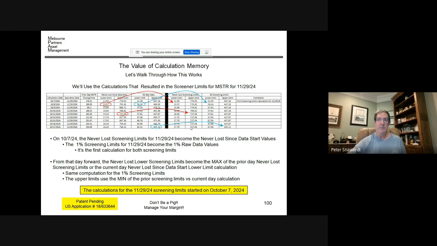You know what? If you want, I can put it in the Discord. I actually have a record of what all of the never-lost states are for 1 day through I think 60 days. I'd have to go dig it out, but I do know what they were. COVID did breach never lost for SPX.